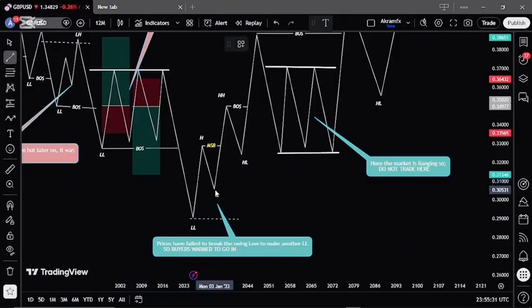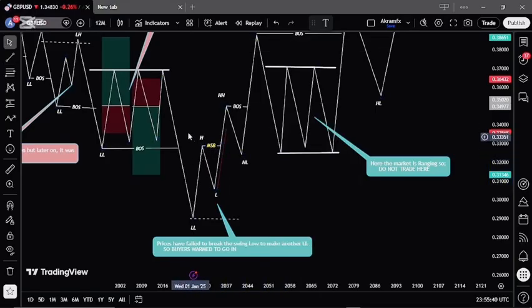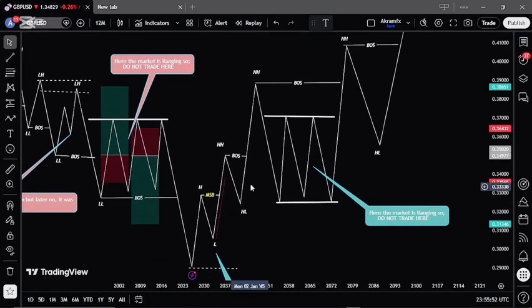We had to wait until the market broke and closed above this high. So when it did that, the market had changed. We could only wait for a simple retest, making a higher low, then we enter our trade.